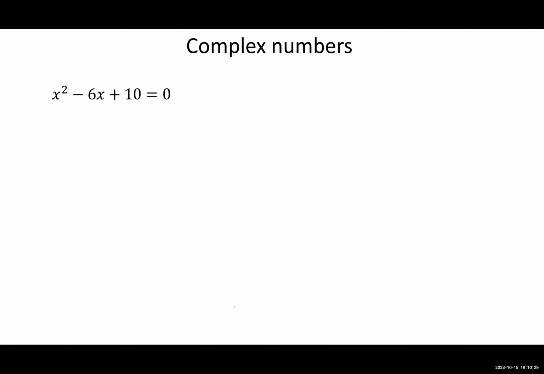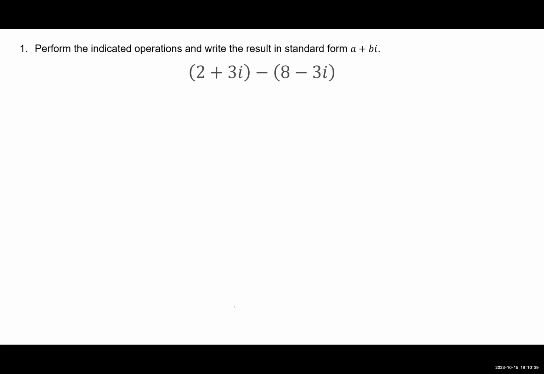So number one, perform the indicated operation. The indicated operation here is subtraction of two numbers. This is a complex number, 2 plus 3i.